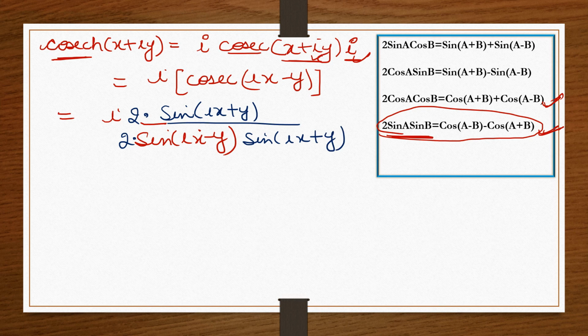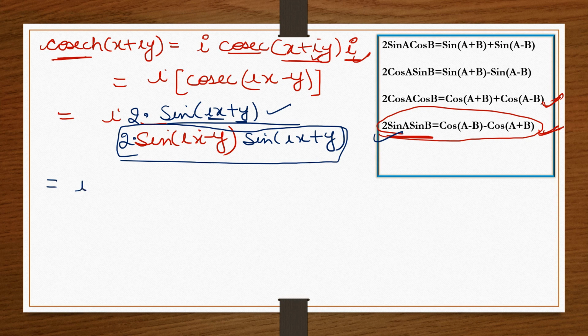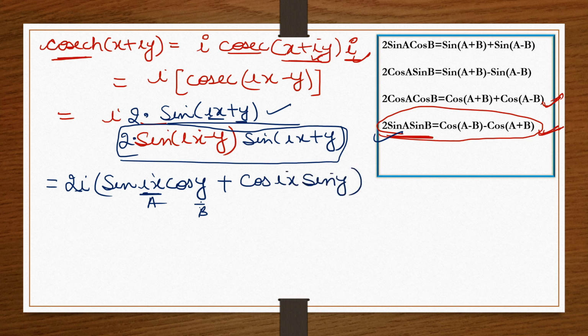Now here in the numerator we need to apply the sine a plus b formula, and in the denominator we'll apply this fourth formula. So what you'll get? Iota as such, 2 as such, then sine a plus b: sine a cos b, where b is y and a is this, plus cos a sine b, that is cos iota x sine y, right?